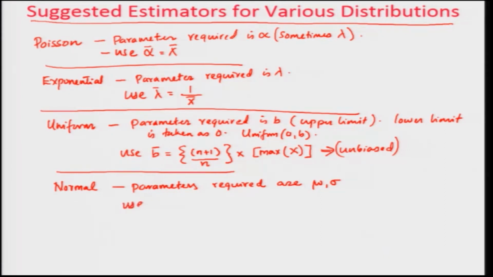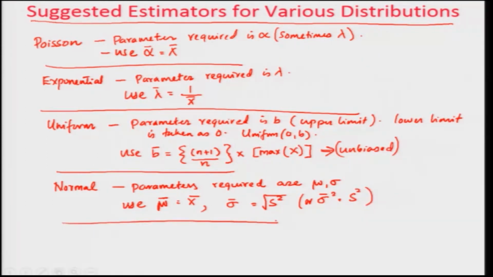Use mu bar equal to x bar and sigma bar equal to square root of s. Okay. Both of these can be used, or sigma bar square is equal to s square, either one of them we can use. Okay. So, this will give you the unbiased estimator, this is also unbiased.